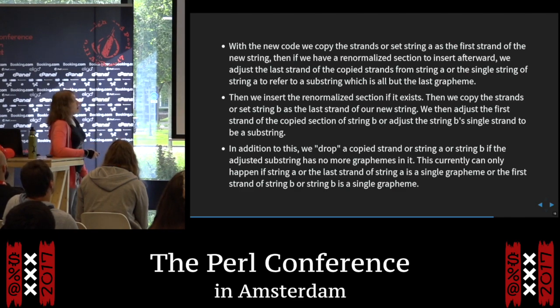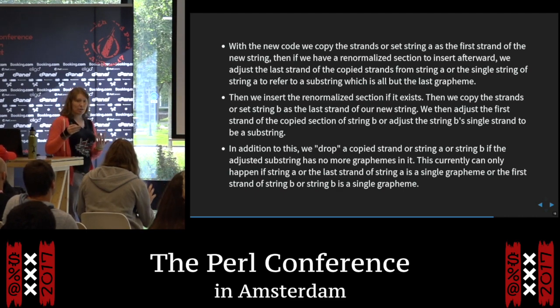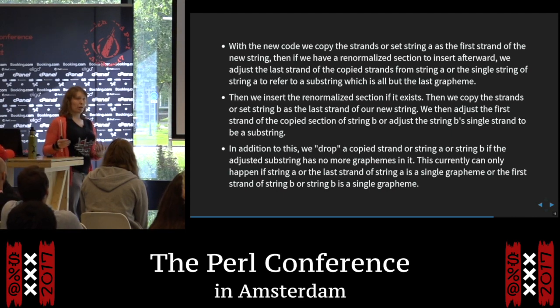With the new code, what we do is we copy the strands, so string A and string B in the concatenation might be composed of strands. That makes it a little trickier, but what we end up doing is renormalizing only a section of the string instead of having to renormalize all of it.